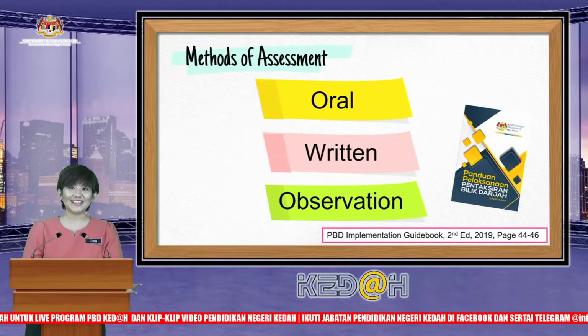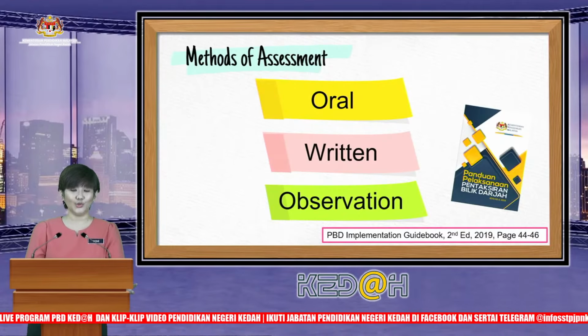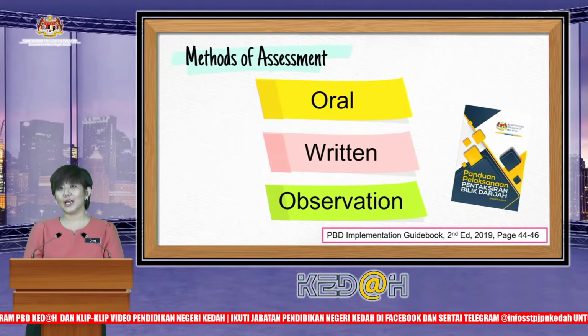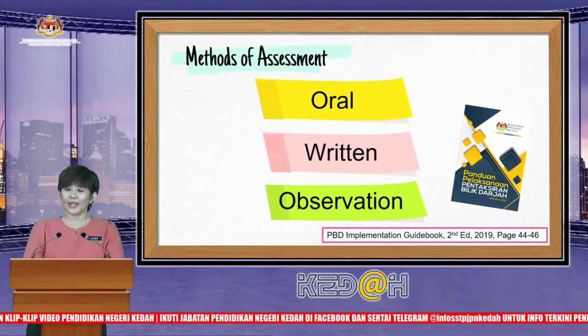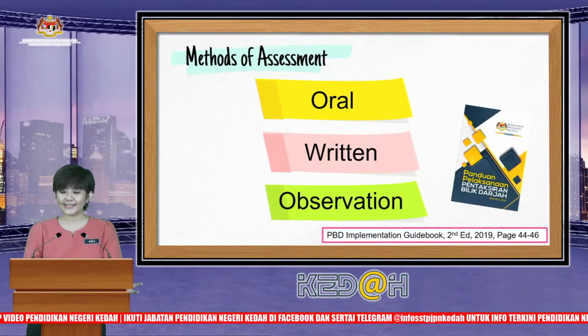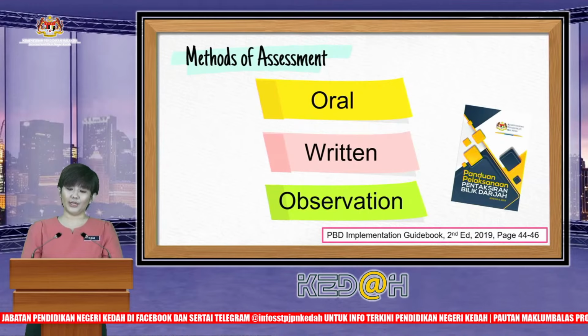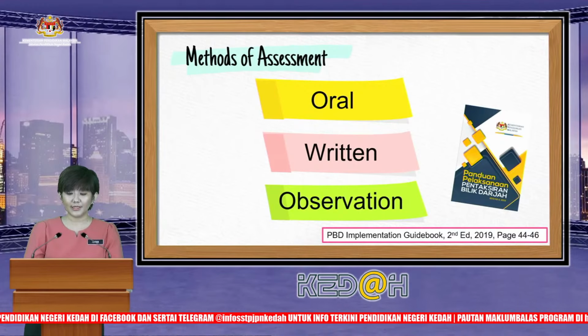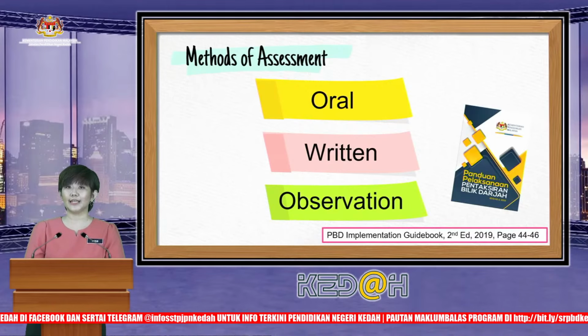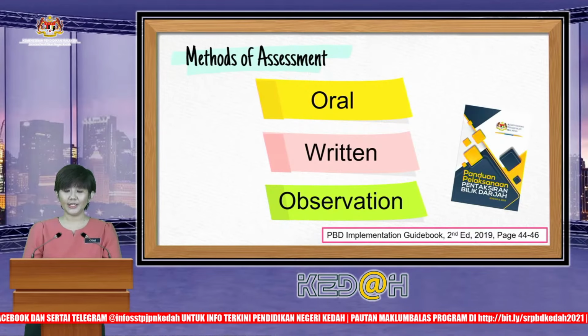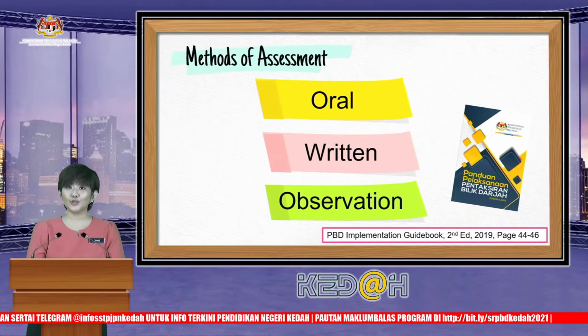Regardless of which method you use, it is important that we have a way to record their progress. It can be in the form of a checklist, an anecdote, photos, videos, or even a running record. For more information on the methods of assessment, you may refer to the PBD Implementation Guidebook, 2nd edition, pages 44 to 46.